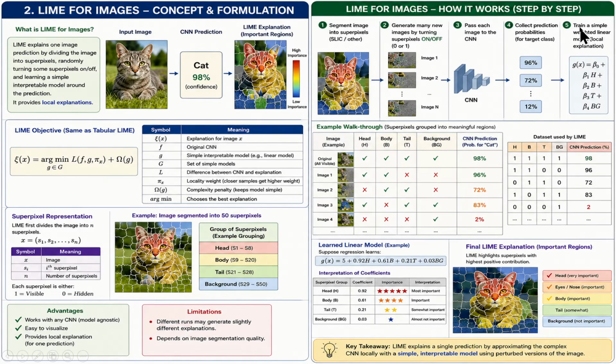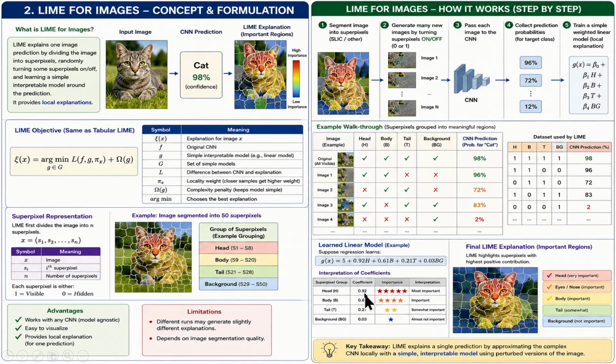Finally, as you know, it builds a simpler model. It trains a simple weighted linear model for local explanation. When we obtain the coefficients, these beta values, those beta values represent the importance. If for this head superpixels region the beta value is 0.92, that is nothing but the weight.